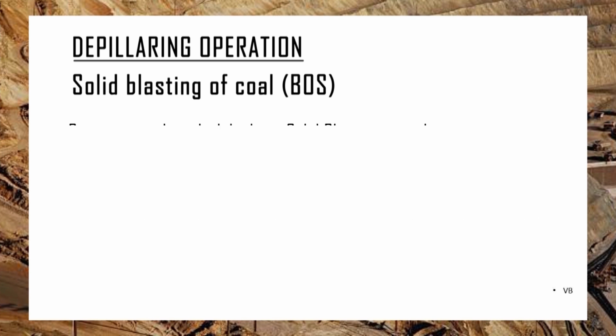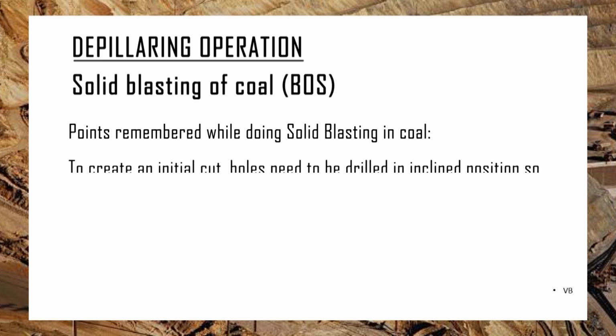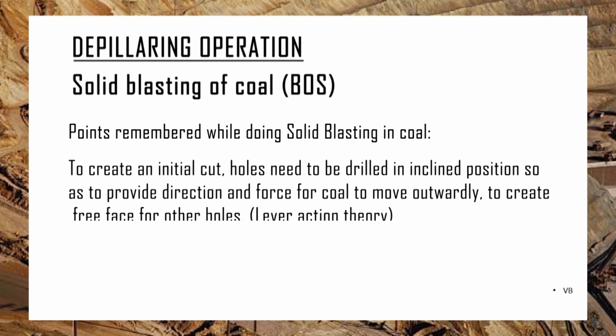Points to remember while doing solid blasting in coal: to create an initial cut, holes need to be drilled in inclined position so as to provide direction and force for the coal to move outwardly to create a free face for other holes.